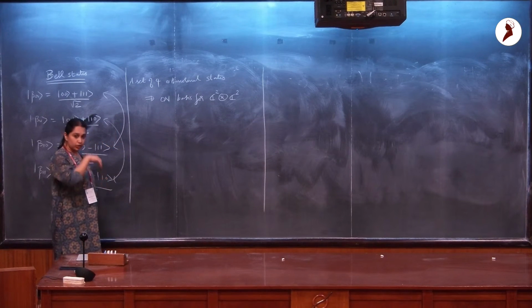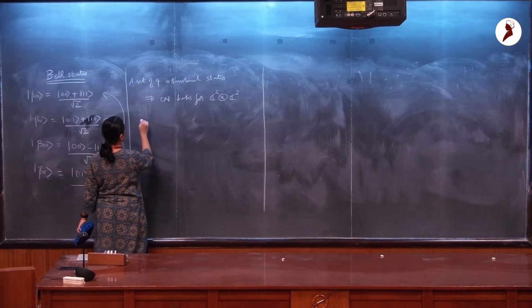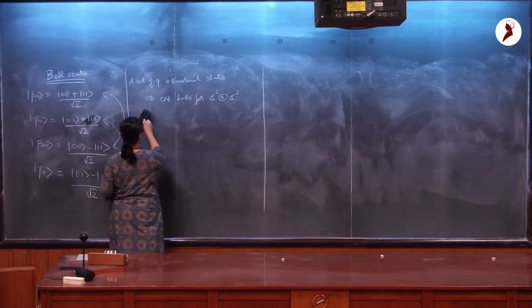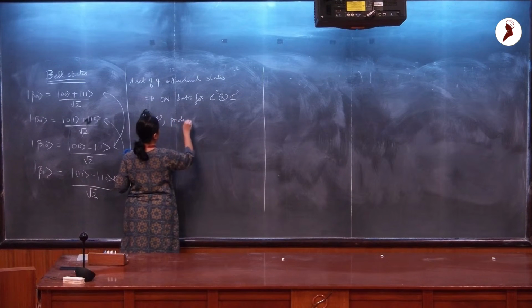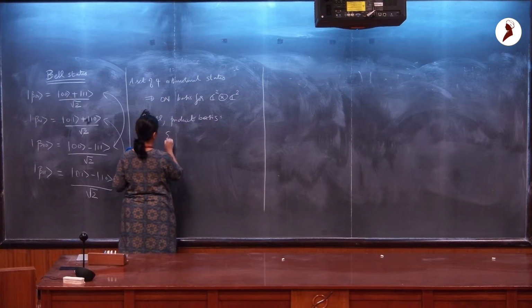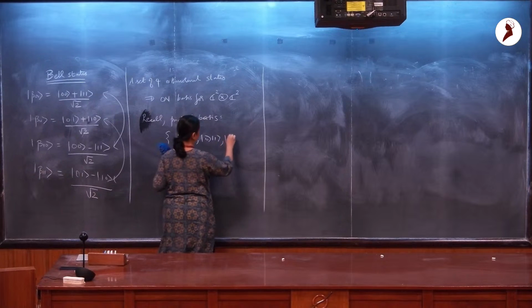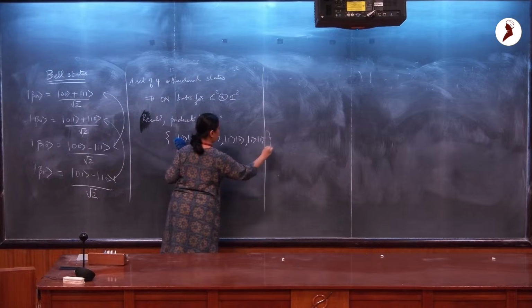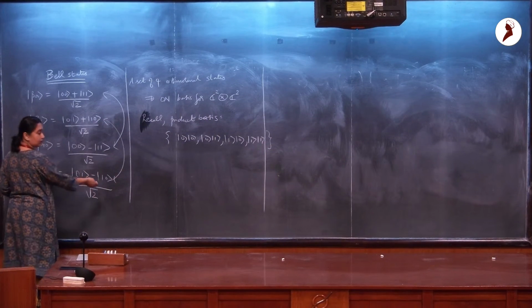Now we already wrote down a different basis for this space of 2 qubits. So recall that we already wrote down what I'm going to call a product basis, right, which is simply 0,0, 0,1, 1,0, 1,1. And now this is actually an entangled basis, right?